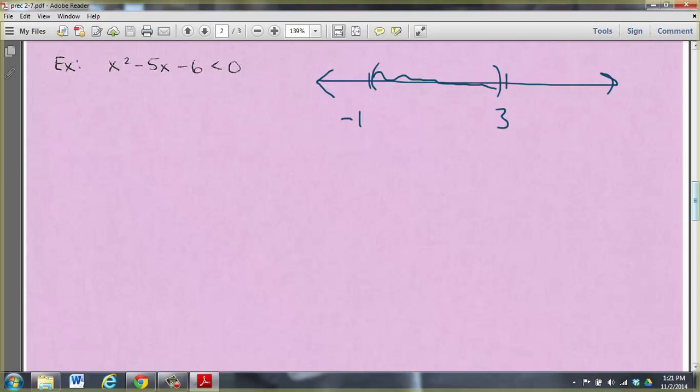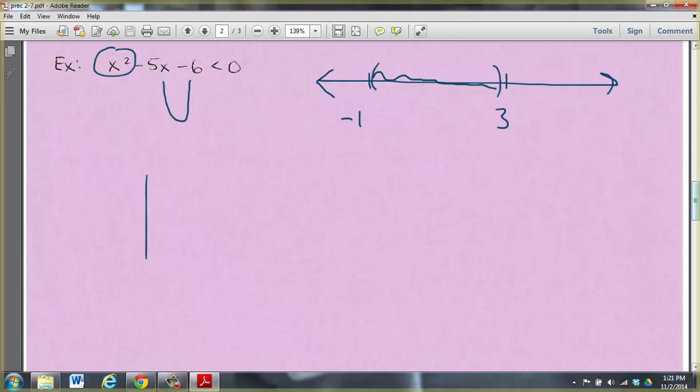I want to combine this with your existing knowledge of what a quadratic equation looks like on the Cartesian coordinate system. Okay, so this right here we know is an upwards parabola.